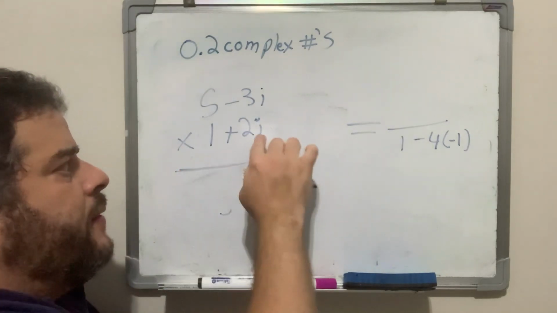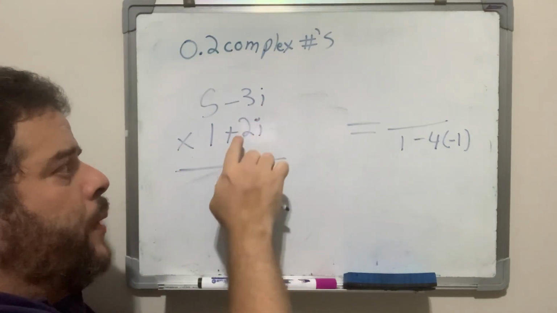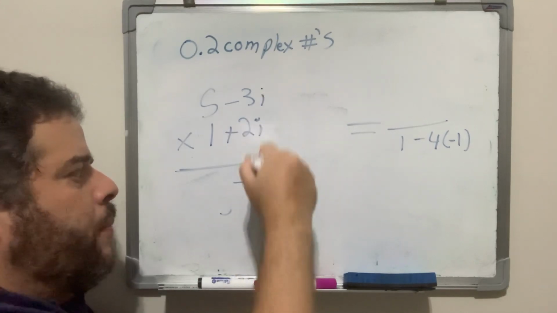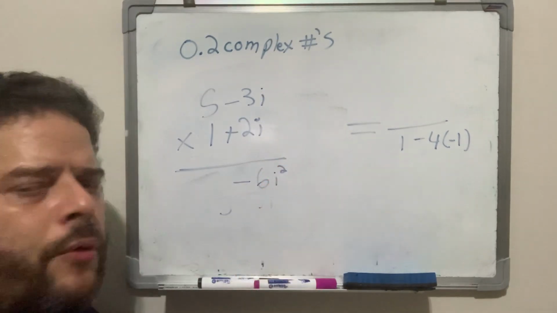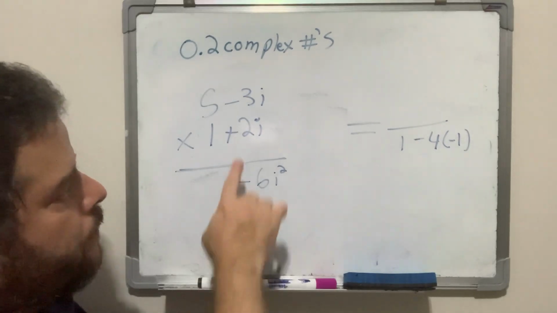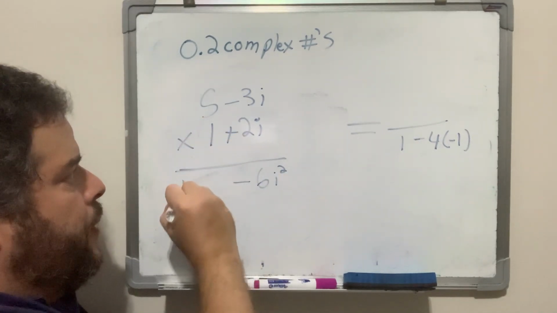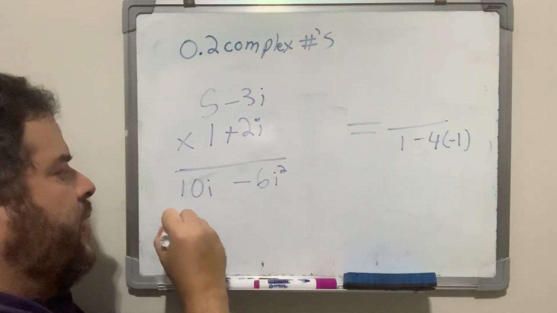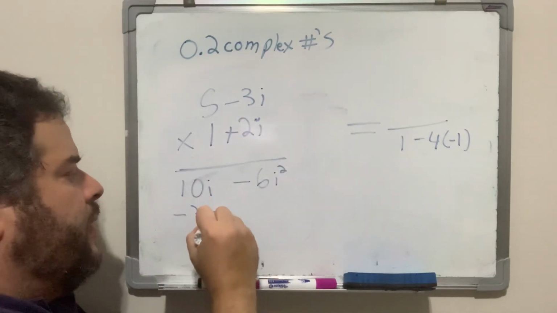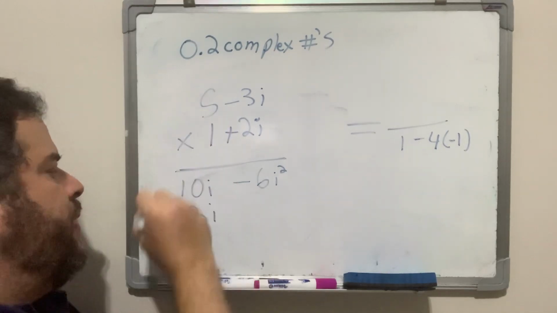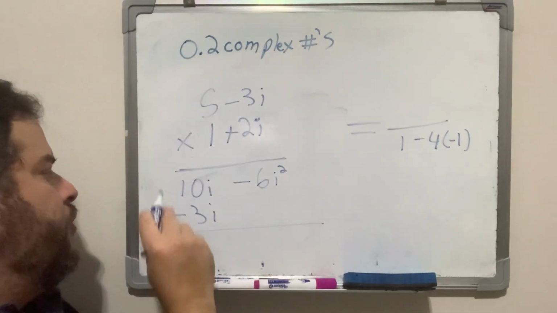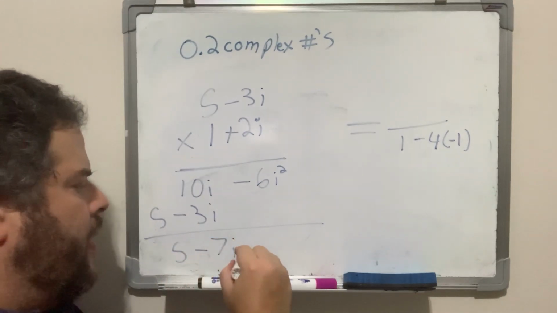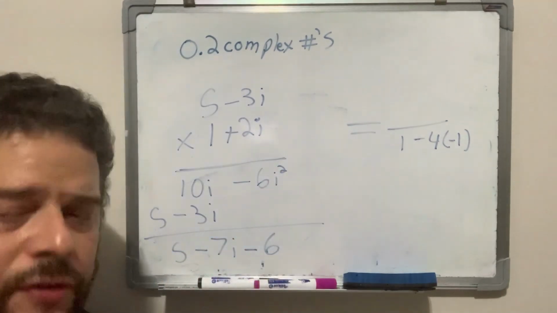Again, good practice. 2i times -3i: the numbers multiplied give you -6, the variables multiplied give you i squared. This times this: the number gives you 10, the variable gives you i. This times this: the number gives you -3, the variable gives you i. This times this: the number gives you 5. So you're going to end up with 5 minus 7i minus 6i squared.